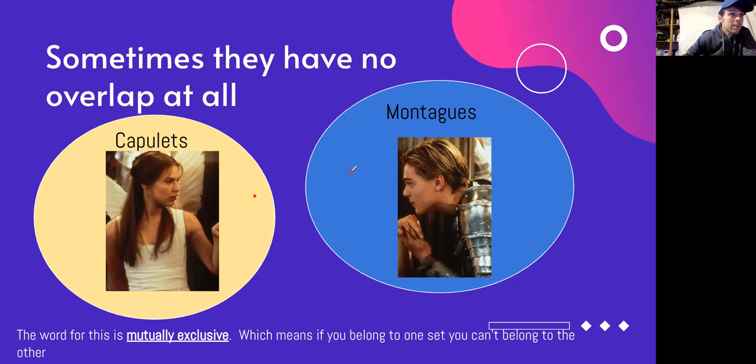And anything over here that is a Montague that makes the second one true would not make the first. So we could make a conditional statement here. So if a person is a Capulet, then the person is a Montague.